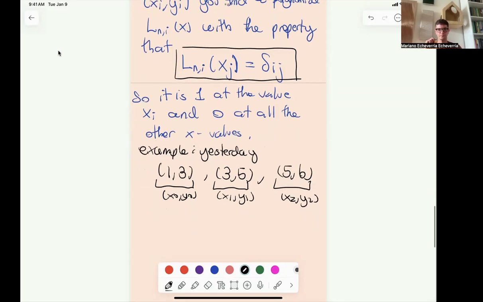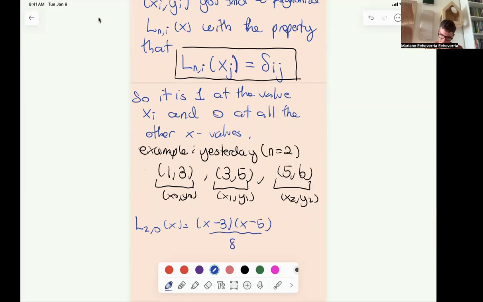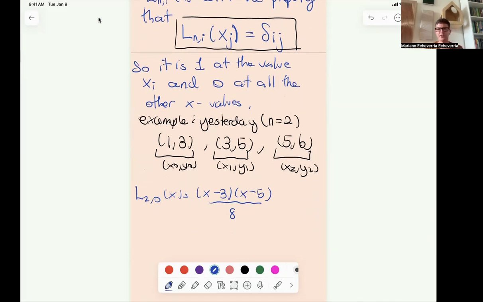The idea is that the three polynomials I'm talking about, in this notation, here n is 2, right? So the three polynomials are: L20 was x minus 3 times x minus 5 divided by 8. I'll use the same colors as the GeoGebra animation.